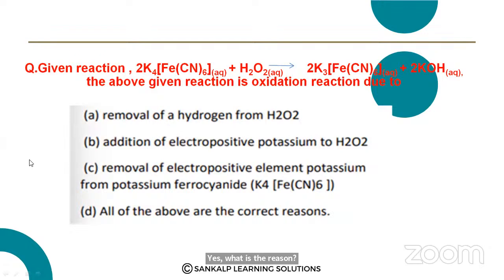Just see the above reaction. From the above reaction, you have to tell what is the reason for the above reaction to undergo oxidation.